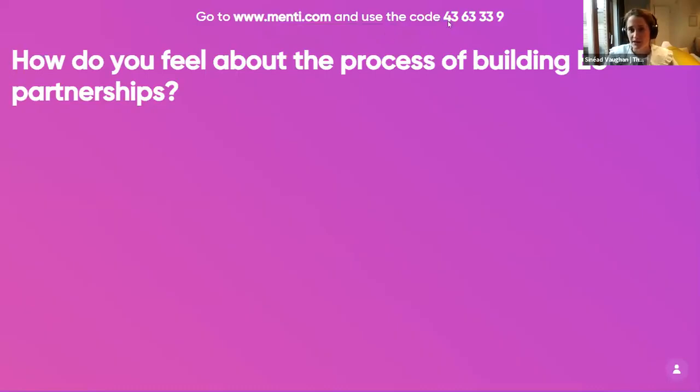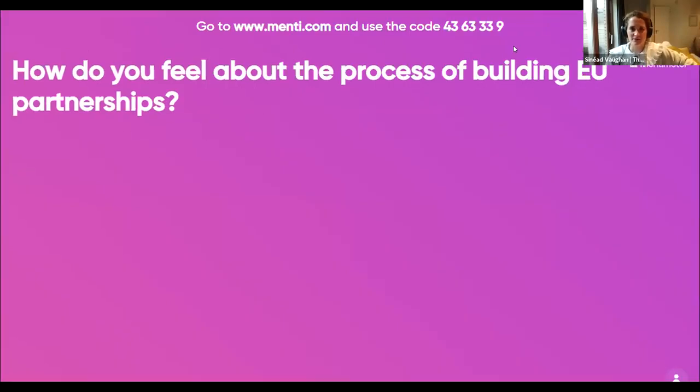The code is up top here as well: 4363339. If you get that far, you'll find the question on the website: how do you feel about the process of building EU partnerships? There are three fields where you can enter one-word answers.